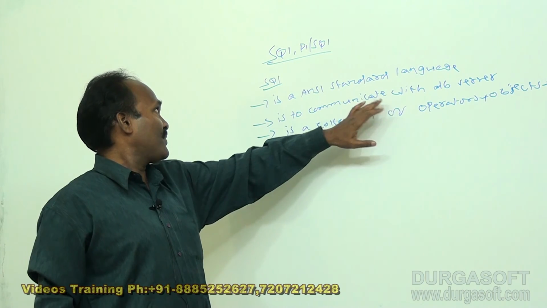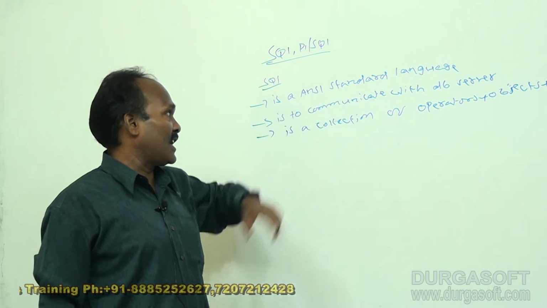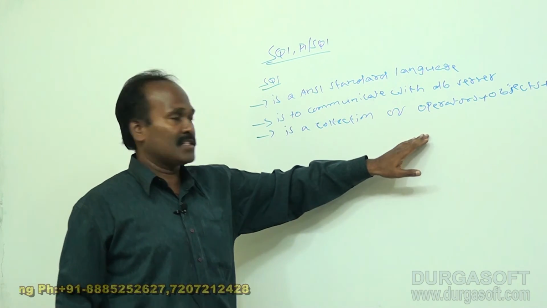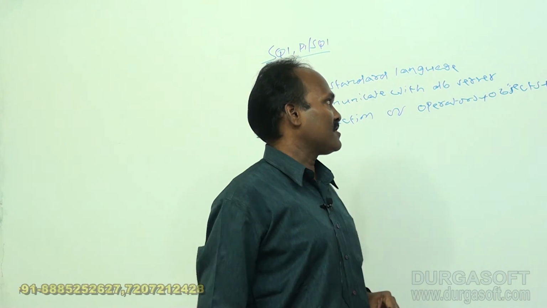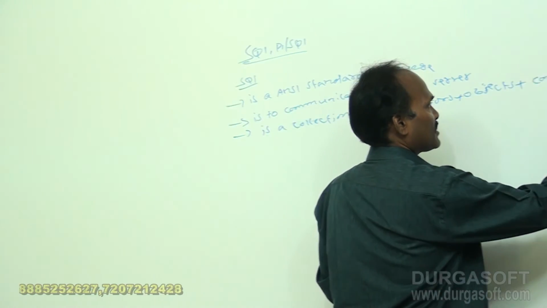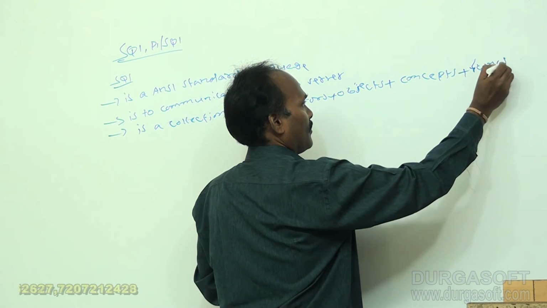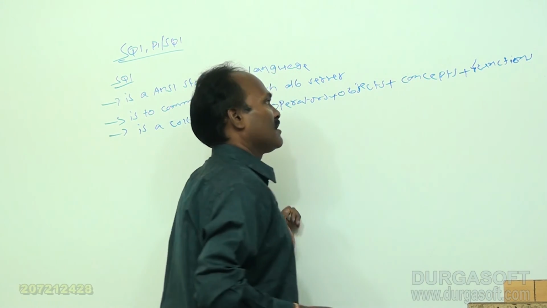The standards of SQL have been provided by ANSI, so it is an ANSI standard language. SQL internally is a collection of operators, objects, plus concepts, and also we can write functions. What is the concept, what is the object, what is the function?